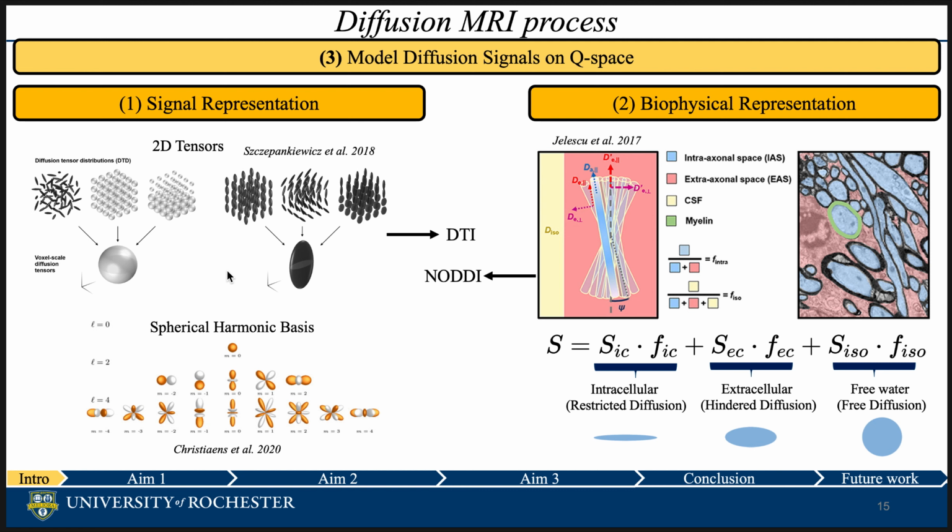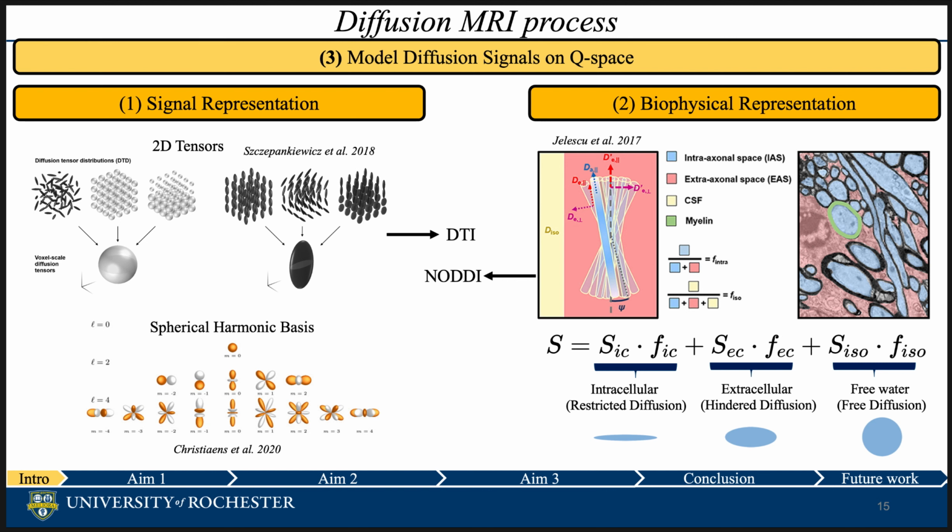But in terms of the brain, if we look at the brain, we will see that there are different components in the brain tissue that contribute to the diffusion signal that we receive from the scanner. There can be intraaxonal space, extraaxonal space, and CSF water. So these different waters are restricted in different forms in the brain.